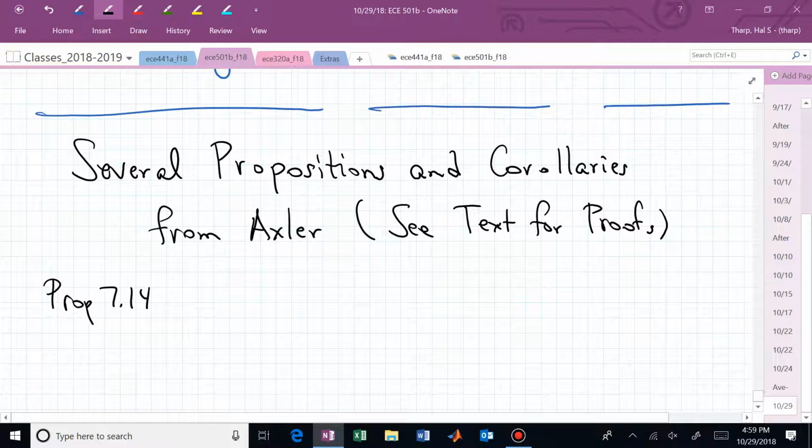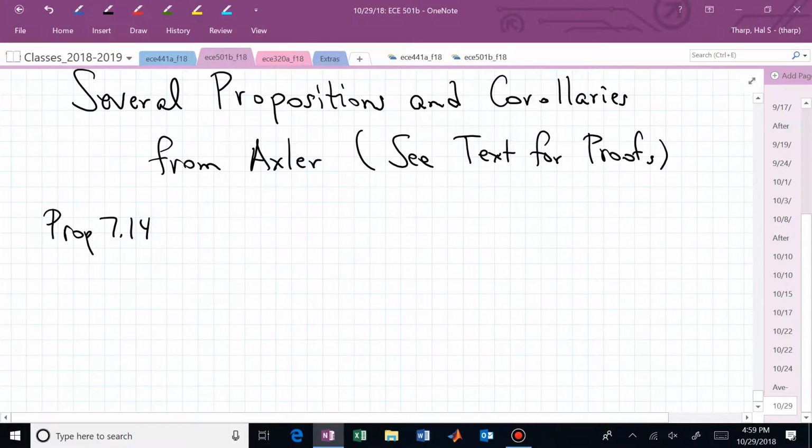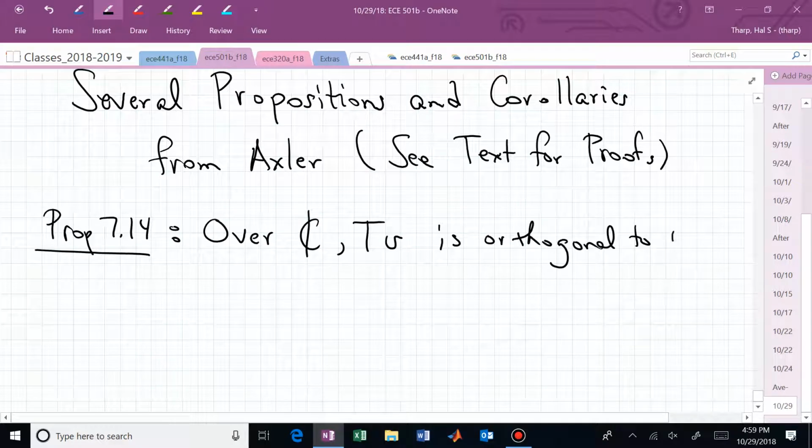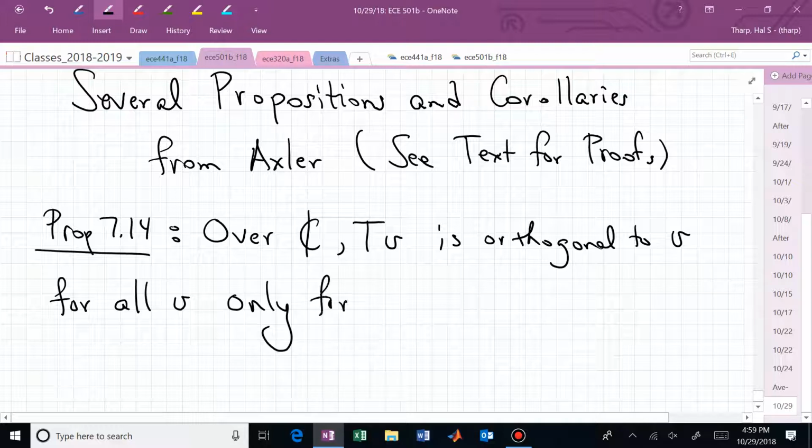We just looked at 7.13. Let's look at 7.14. Here's the label. Over the complex field, TV is orthogonal to V for all V only for... what vector is orthogonal to every other vector? 0.